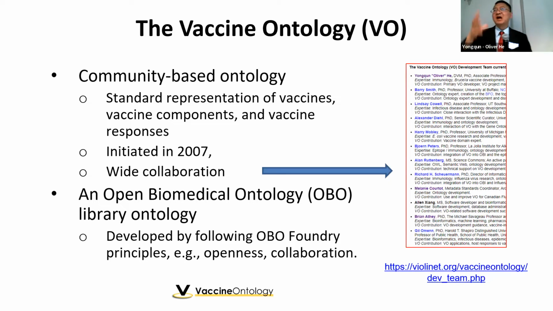It's better you have only one ID and everyone uses it, just imports from the ontology. We have many people. We don't have time to list all of them, but I think Beyond just joined. Beyond is one of us developing the original version of vaccine ontology.